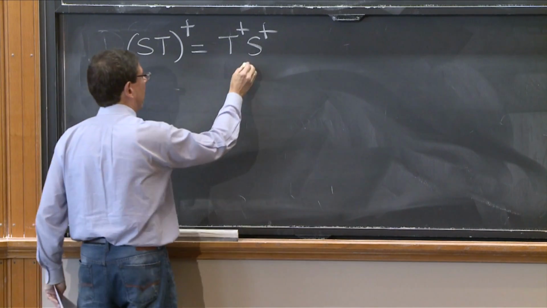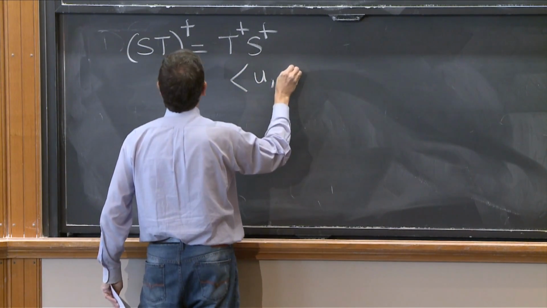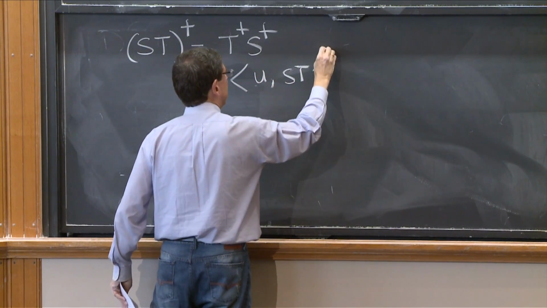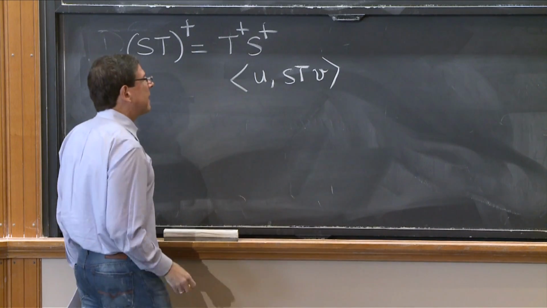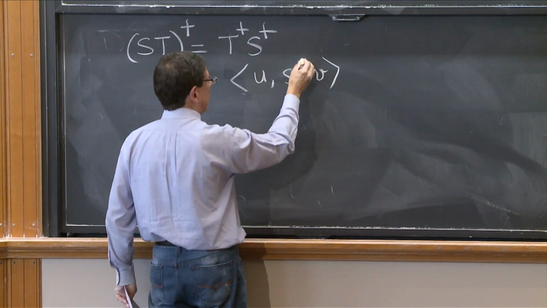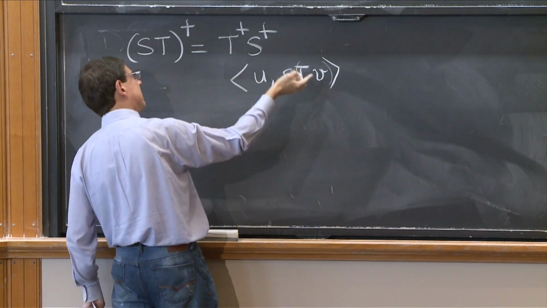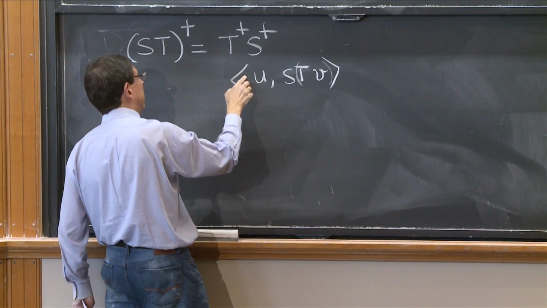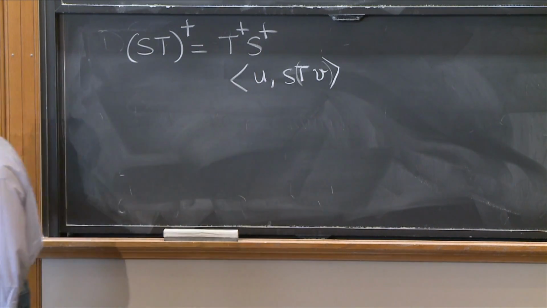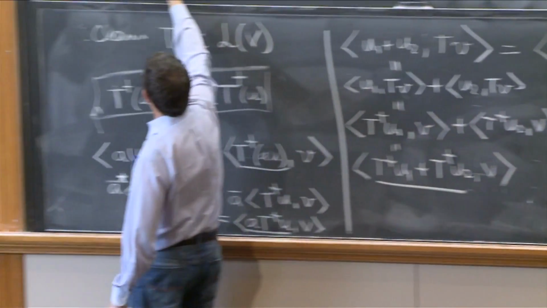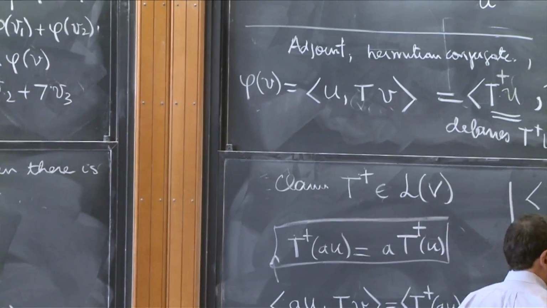Not hard. (U, STV). Well, STV is really the same as S acting on TV. Now, the first S can be brought to the other side by the definition that you can bring something to the other side putting a dagger.